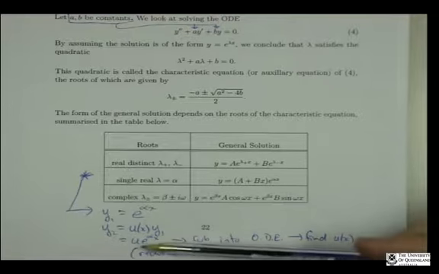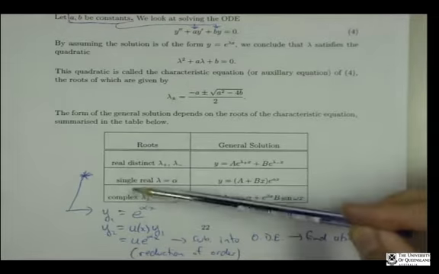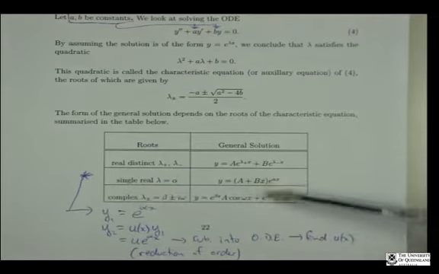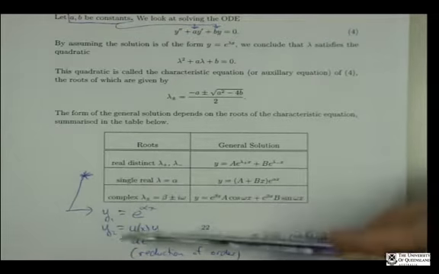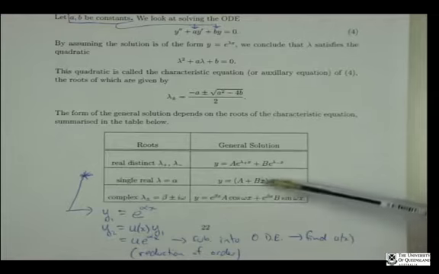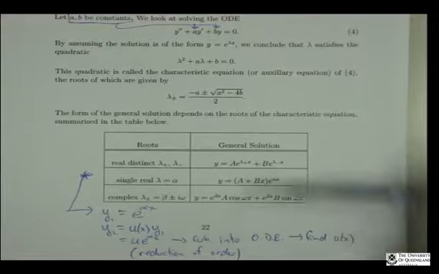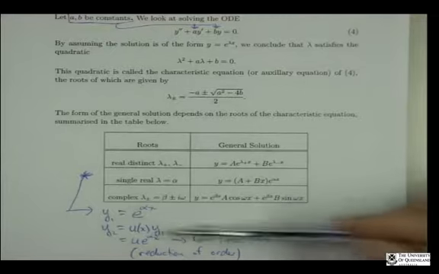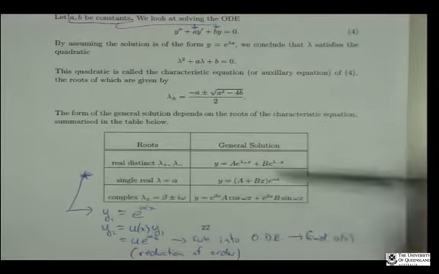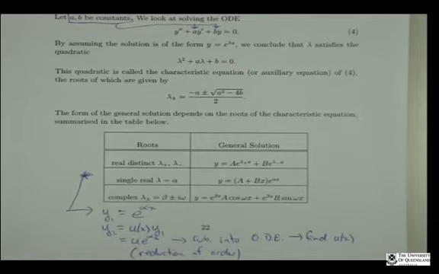So in other words, the second solution will be x times e to the alpha x, or alternatively you could leave the constants of integration throughout and still obtain this general solution. But it's reduction of order that gives us this information.